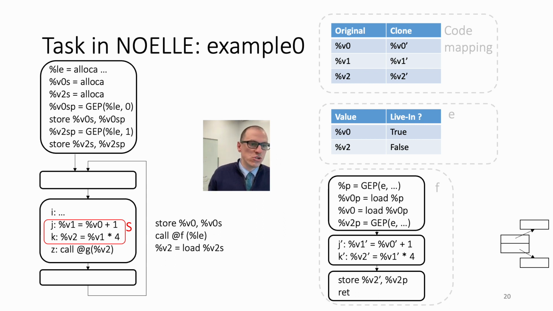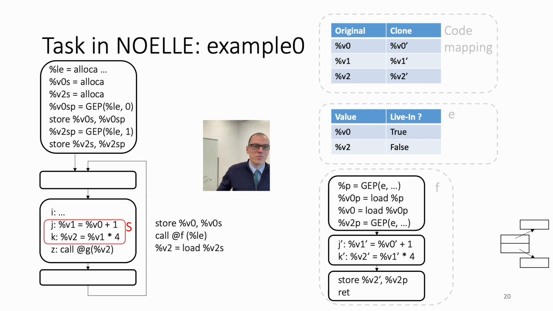So now %V2, instead of being set by k, is going to be set by the load from %V2s, which includes the live-out value generated by the task. If you have these three instructions, the store, the call, and the load, you can replace j and k with them, and then the original semantics is preserved.